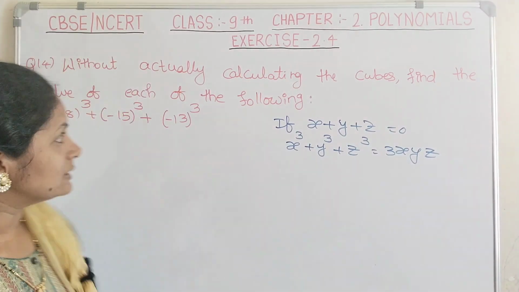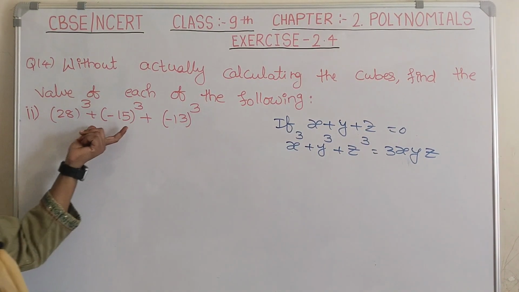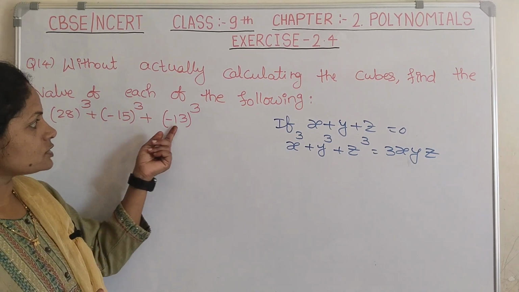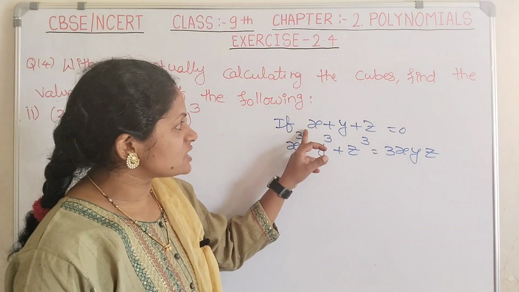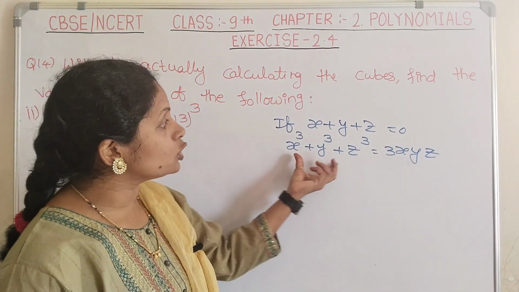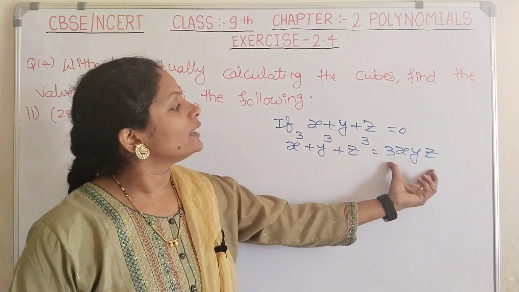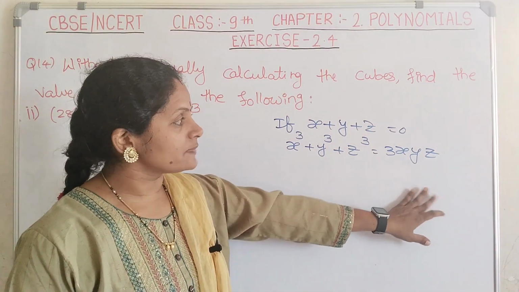Let us solve the second part here. 28 cube plus minus of 15 cube plus minus of 13 cube. This is also the same question. If x plus y plus z equals 0, then to calculate the cubes of these numbers, we can get 3xyz. By multiplying this, we can get the answer.